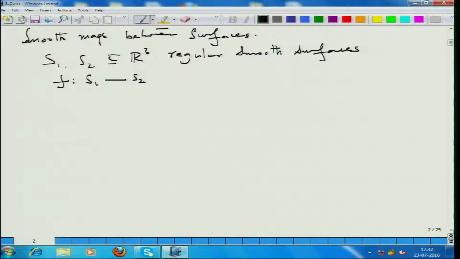Assume S1 is covered by, let us say, sigma 1, a single surface patch, it does not matter, otherwise we can always go back locally, and S2 is covered by sigma 2. So, these are surface patches.